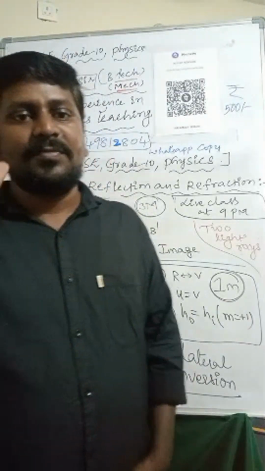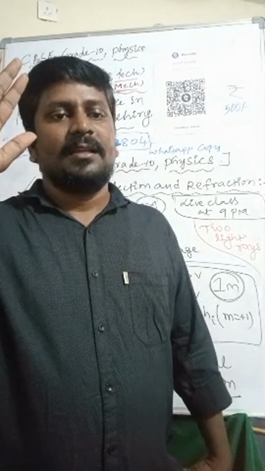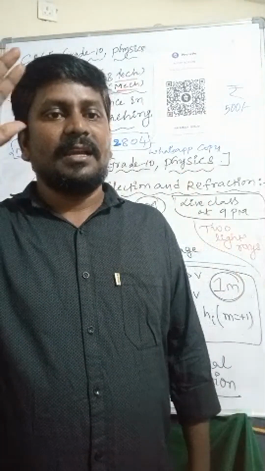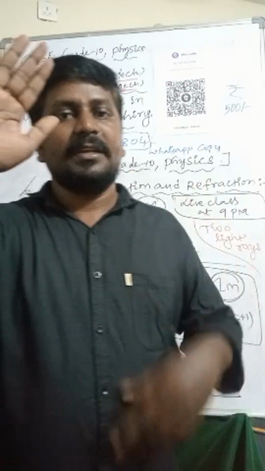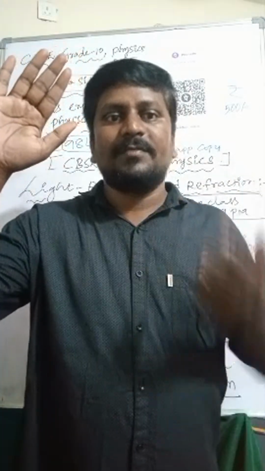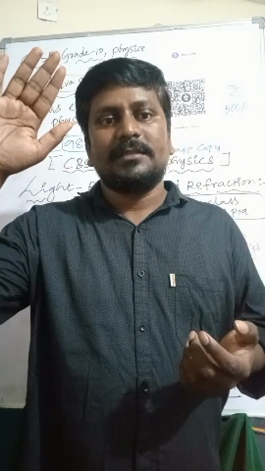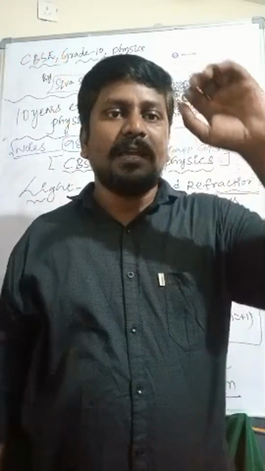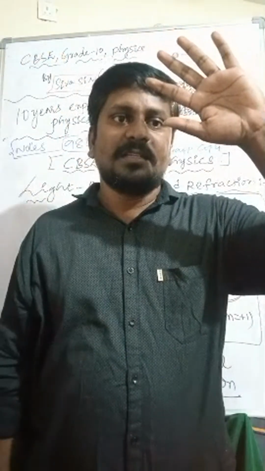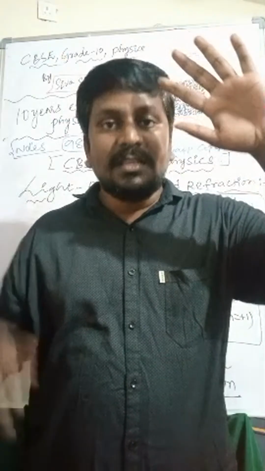I'm lifting my right hand, and it appears on the left side in the camera. If I lift my left hand, it appears on the right side. So this is mirror conversion.